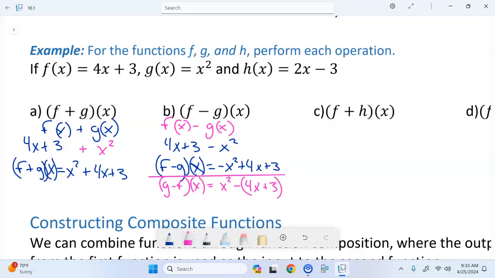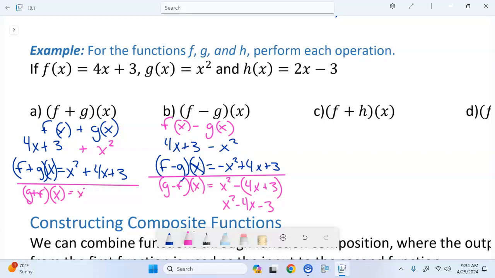We're subtracting every term inside that function. So we need to make sure that we apply our distributive property so that we end up with the correct signs. Would I get anything different from g plus f of x?